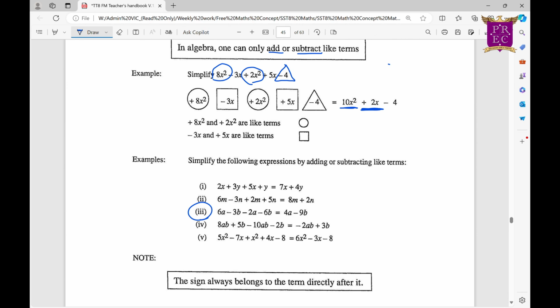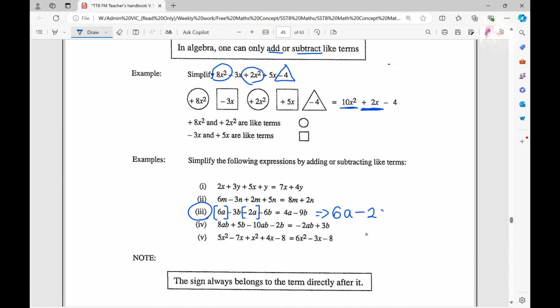So again, 6a and negative 2a are going to be like terms, so we can just square bracket those, and we can rewrite it as 6a minus 2a. Make sure you're always paying attention to the sign at the start of the coefficient as well, because that is included when you're separating terms.